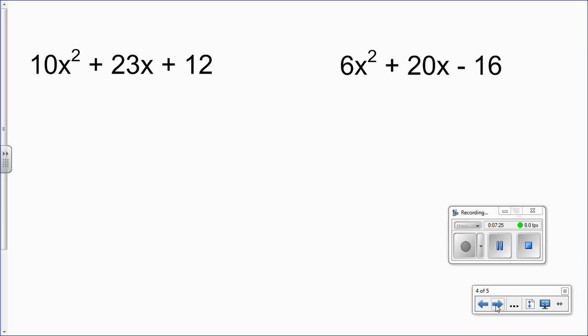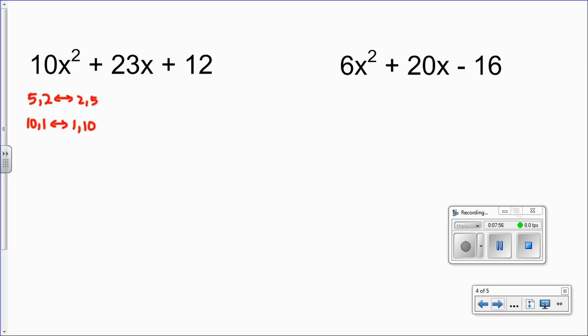Okay, so for positive 10, I have 5 and 2, or 2 and 5. I have 10 and 1, or 1 and 10. But remember, I'm really not going to change this one unless I try all the options with the 12 and it doesn't work.